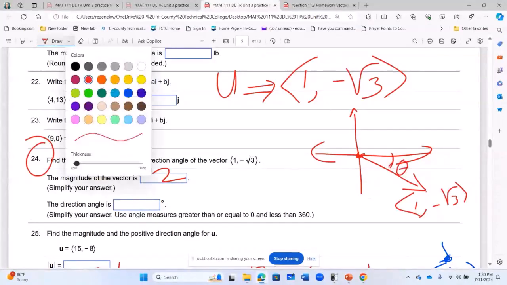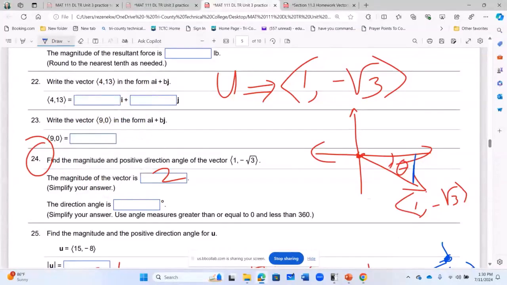For me to find that, I need the angle theta. It's not given to me. The y component is negative square root of 3, but I'm just going to use 3, and the x component is 1 right here. By the way, this is the component form. If you're told to write your answer in component form, this is component form.